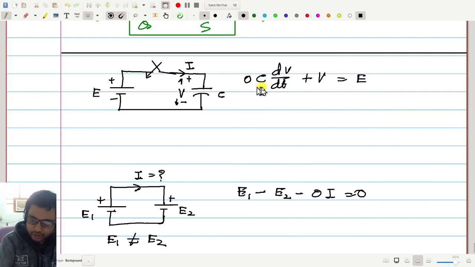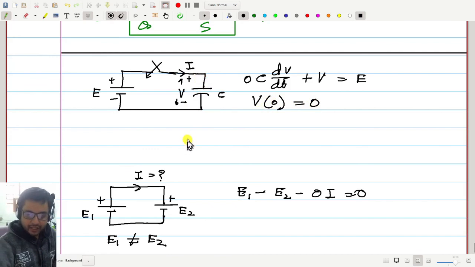Okay, so this is the condition. In addition to that, I give another condition, which is my boundary condition. V0 is equal to 0. That is, the voltage initially is 0. Now what is the solution?